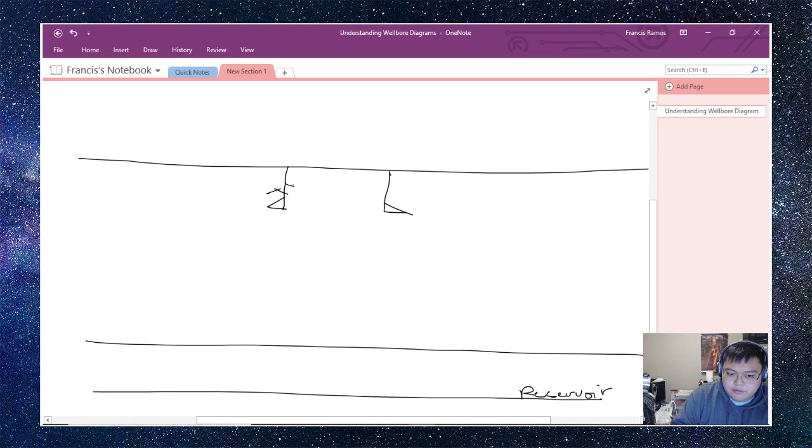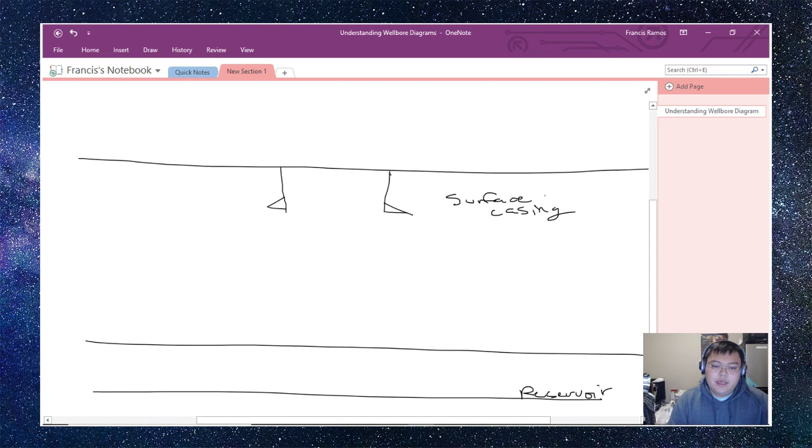This would be your surface casing. I'm not going to make up any values right now. I can't think of the numbers on the spot, but you get the idea.